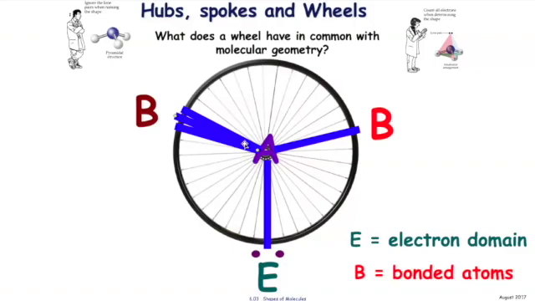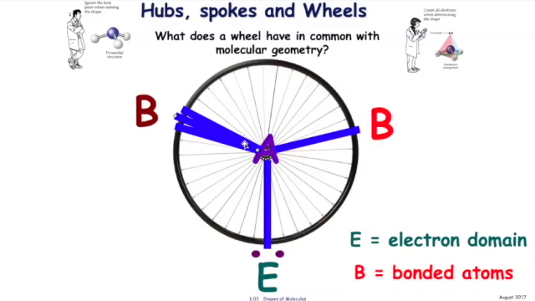The bonds to an atom are one domain. Multiple bonds to the same atom are one domain. Depending on how many atoms it's connected to, you can count that as a domain or region of electron density. And lone pairs of electrons count as their own domain or region of electron density.